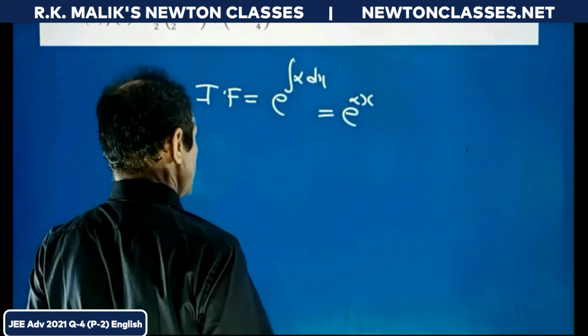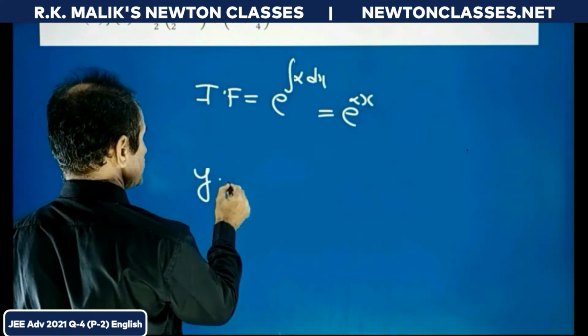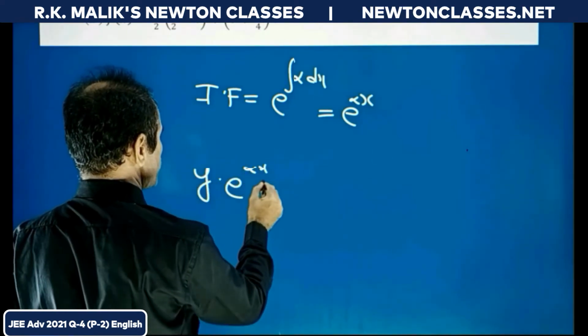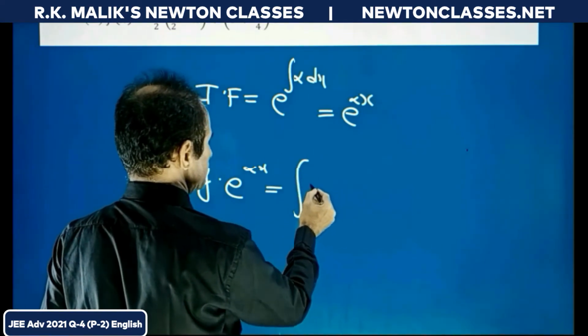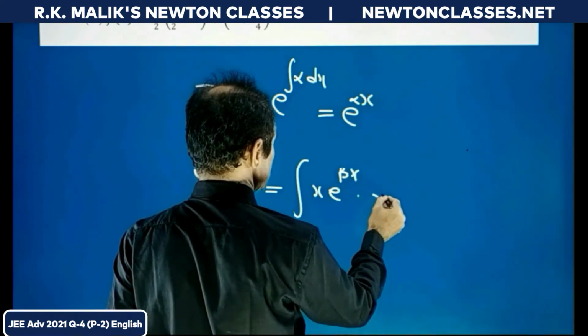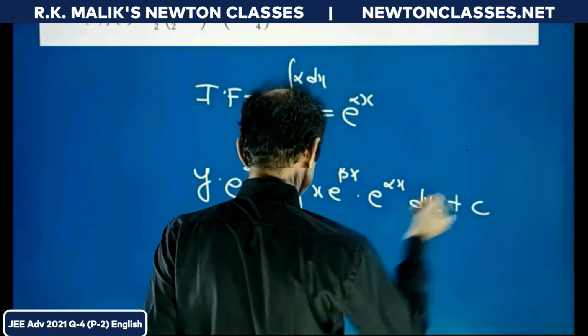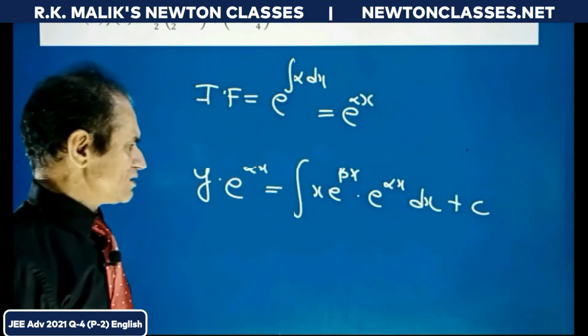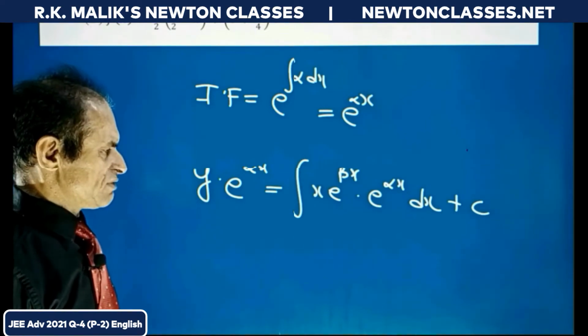And after finding the integrating factor, we know that the solution is y into e power alpha x, that is the integrating factor, is equal to the right hand side, which is here x e power beta x into dx. You must be knowing this is the solution of the linear differential equation.